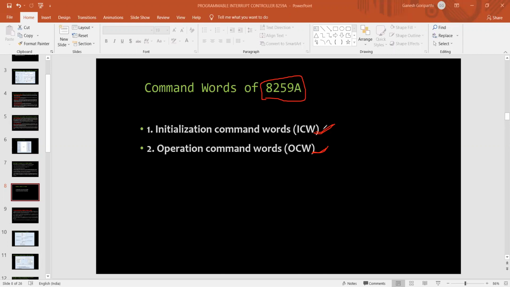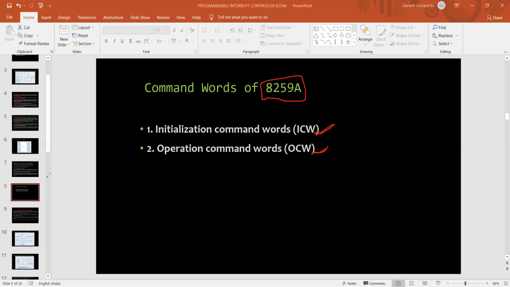That mode of operation will be decided by the operational command word. Now let us understand in detail what the different initialization command words are, what the different operational command words are, and in how many modes the 8259 gets operated.